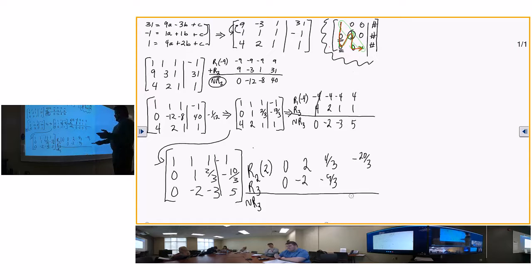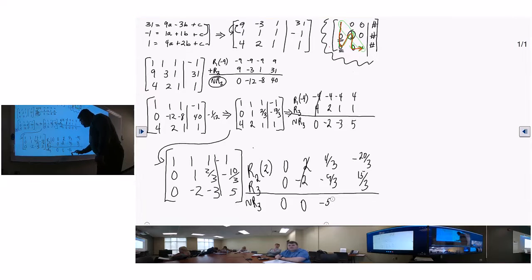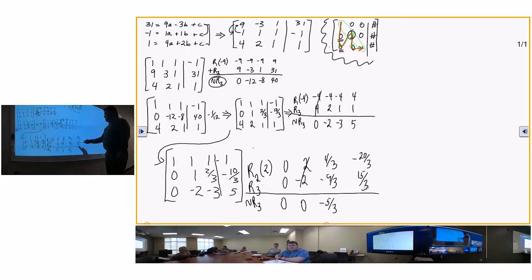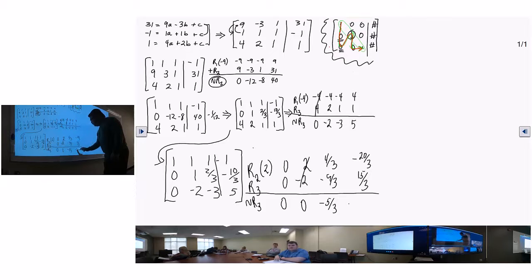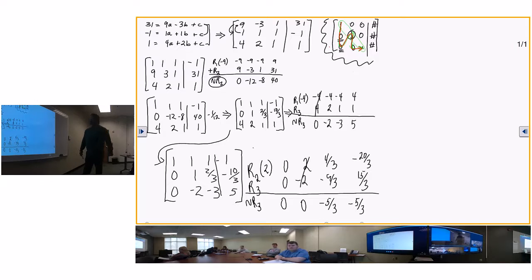And then negative 15/3. 0 plus 0 is 0. What's 2 minus 2? 0. That's what's supposed to happen. 4/3 minus 9/3 is negative 5/3. And negative 20 plus 15 is negative 5/3. So now we've got a new row 3.